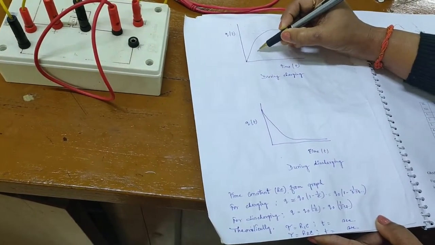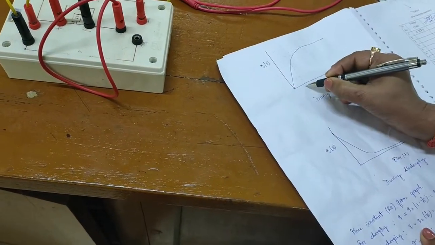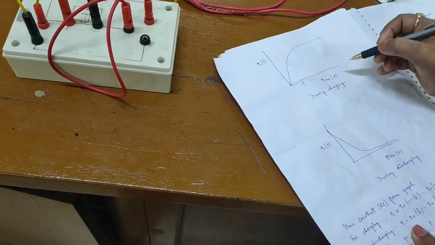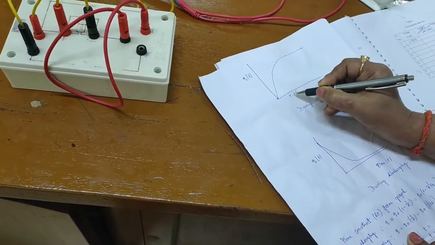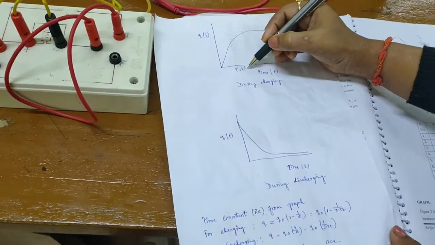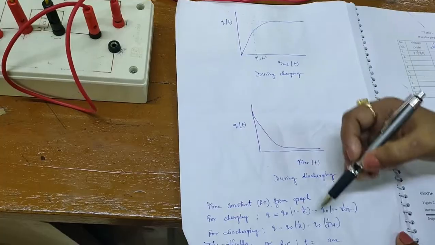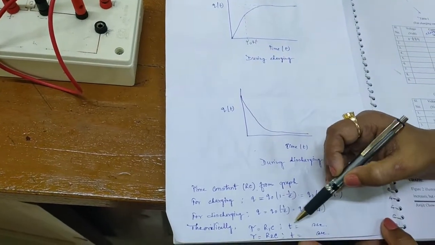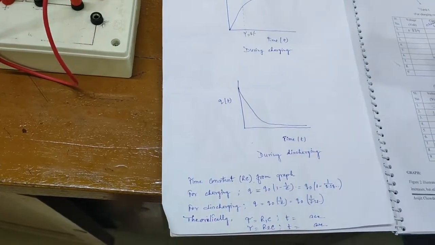I think this is here. So this is the tau. You join this point along the x-axis. So this tau is directly the time constant for the charging one. Tau equals R1 into C. This tau value you compare with the theoretical time constant, R1 into C, in seconds.